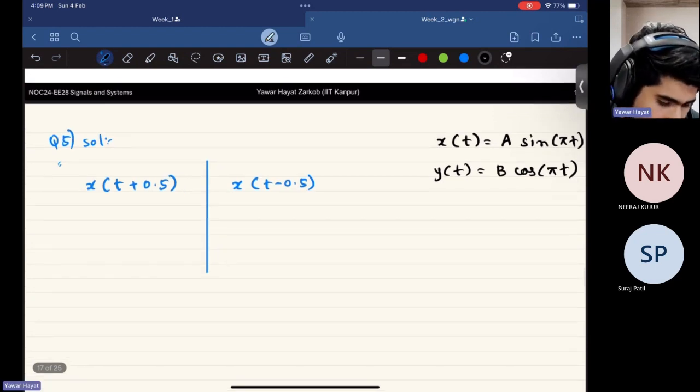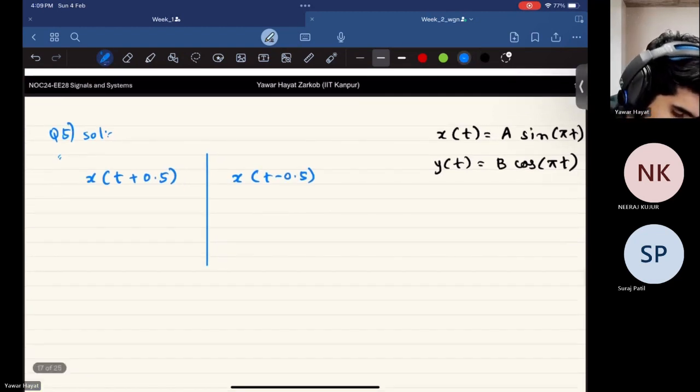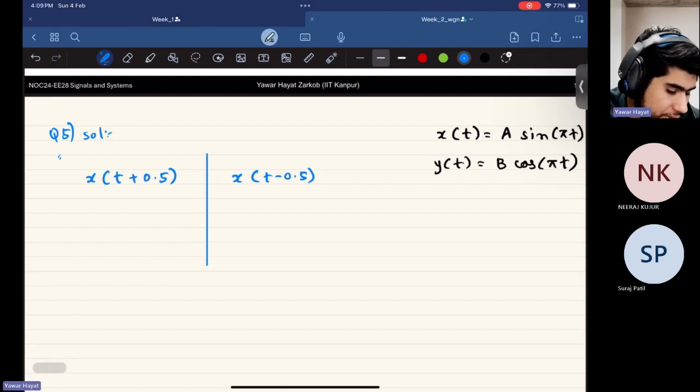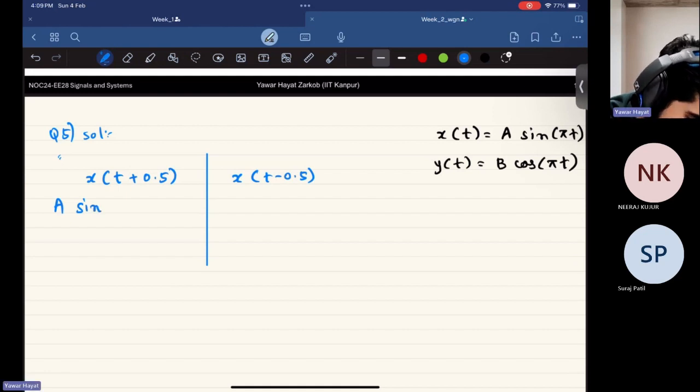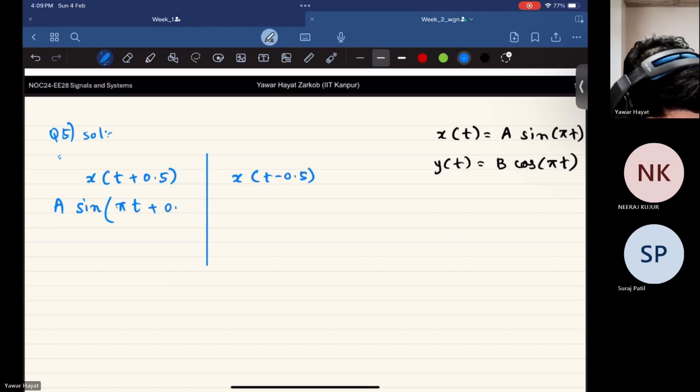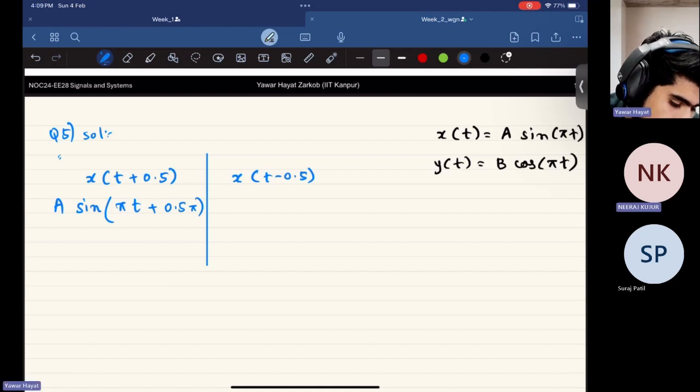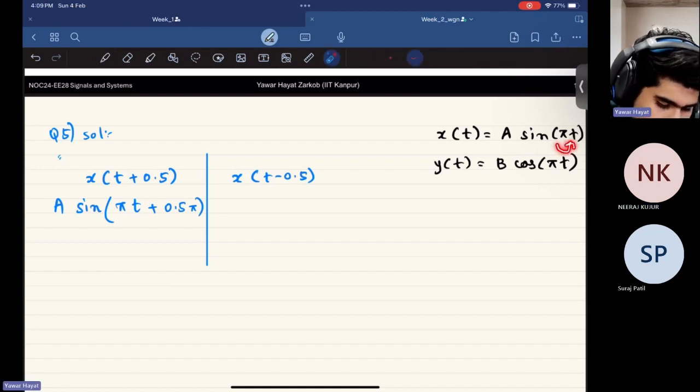I hope you all are solving it as well. So what would be x of t plus 0.5? It would be a sine of, just simply replace this t by t plus 0.5. It would be pi times t plus pi times 0.5, and that is what I have written.